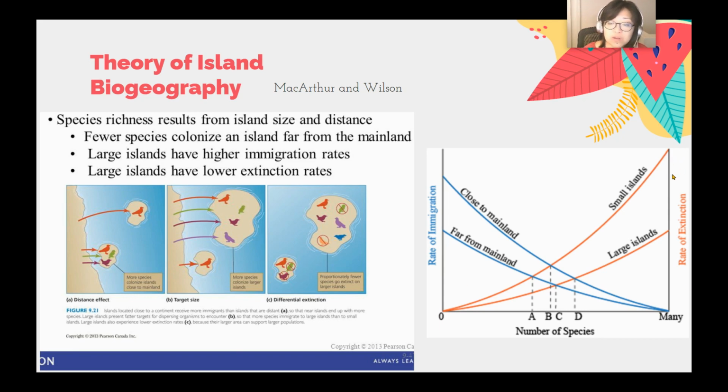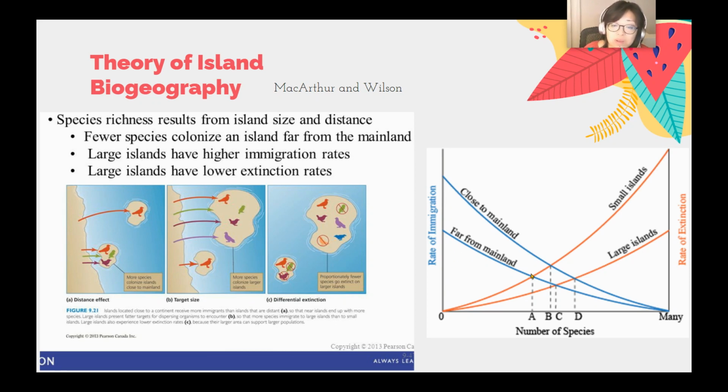The other axis is the rate of extinction, so extinction rates. And you have these lines representing the different types of islands. These lines represent the distance, and this is the axis for that. And these orange lines are representing size, and that's the dependent variable for that, right?